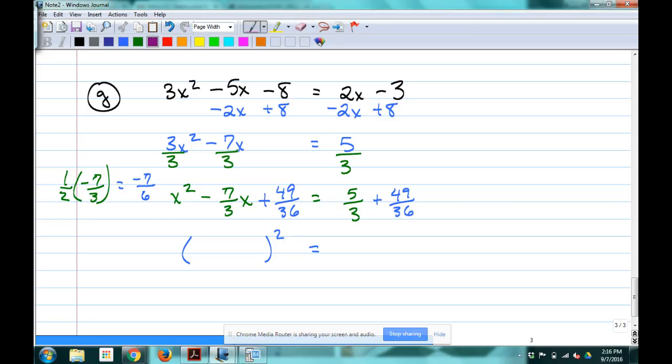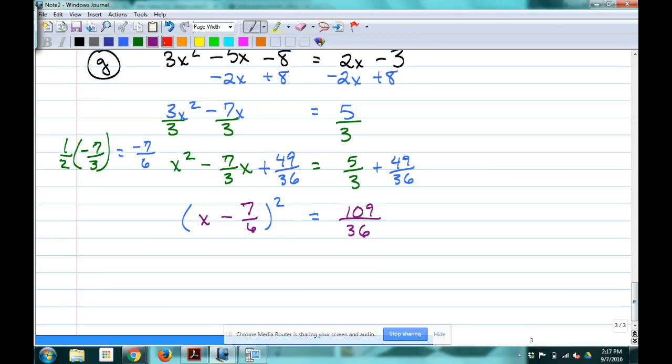Man, help me out. How much? 109. Y'all get that? Y'all agree? I just want to make sure. I don't want to get the wrong number there. And then what's the factor on the inside? x minus 7/6, or x plus negative 7/6, whichever one you want to write there. Okay, now square roots.